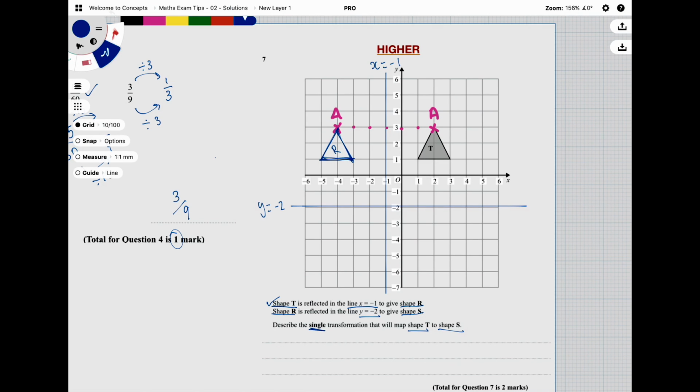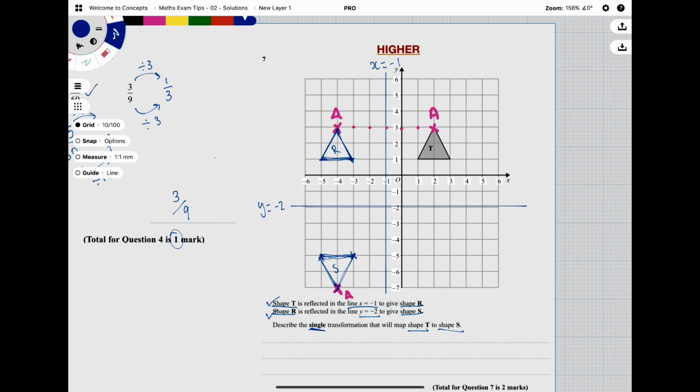Point A: 1, 2, 3, 4, 5, 5, 4, 3, 2, 1. That's where point A should be. Finish off doing your triangle: 1, 2, 3, 3, 2, 1, and same on the other side. So that's your next reflected shape, and don't forget to label it S, which is really, really important.